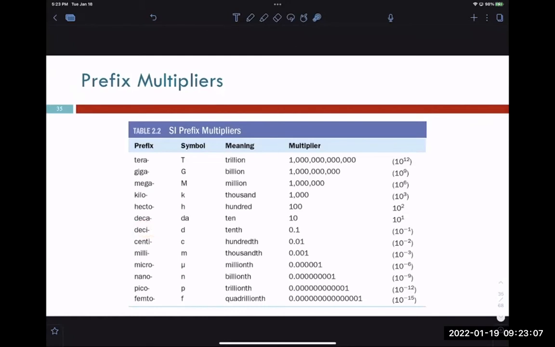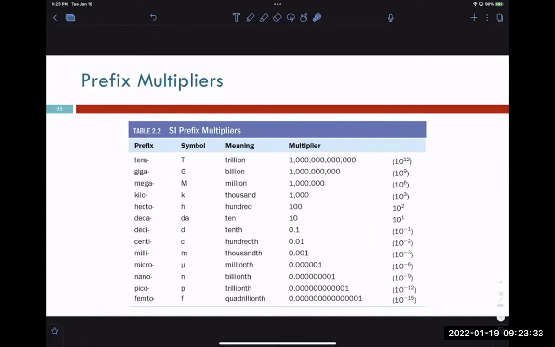If you're working in nursing or in a hospital, deciliters probably gets used. You've probably heard of centimeters just in regular life, but this is a table that would be very handy to go through and memorize. Especially these symbols and these prefixes, and then probably the multipliers here as times 10 to the whatever.